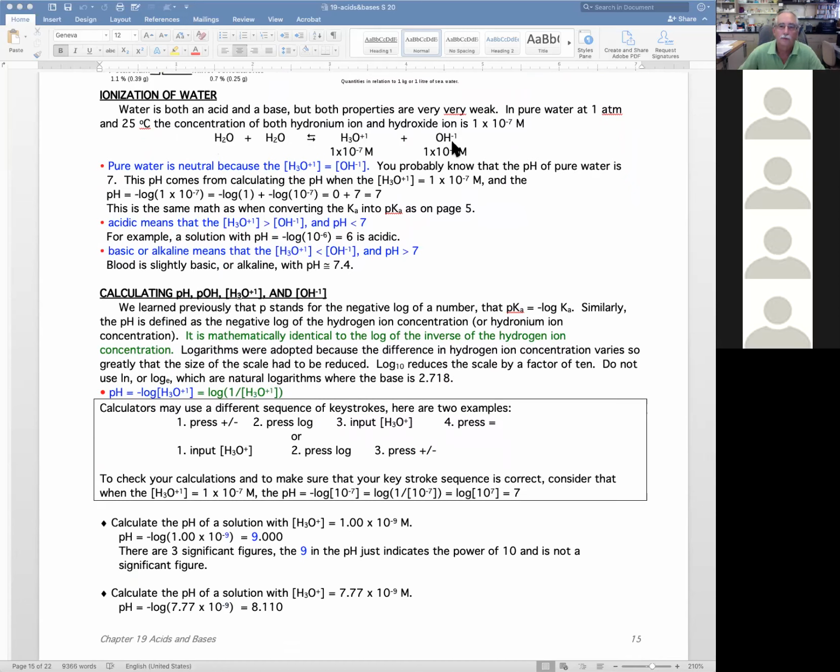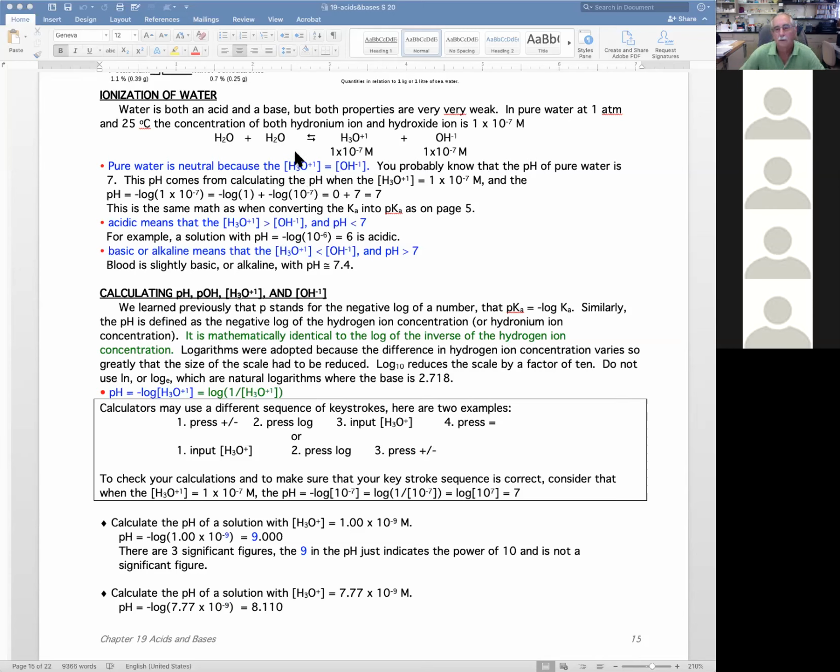And so what they found is that at 1 atmosphere and 25 degrees, the concentration of both of these, hydroxide and hydronium ion, is 1 × 10 to the -7th moles per liter. So why is water neutral then? Because that's not 0 and that's not 0. Water is neutral because the amount of hydronium ion is equal to the amount of hydroxide ion.